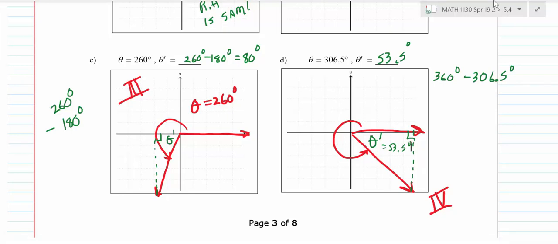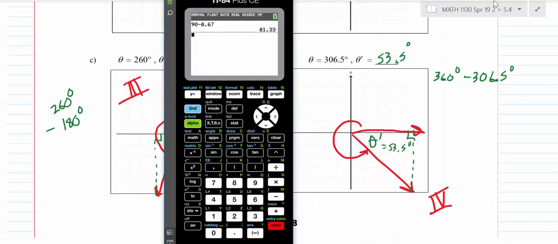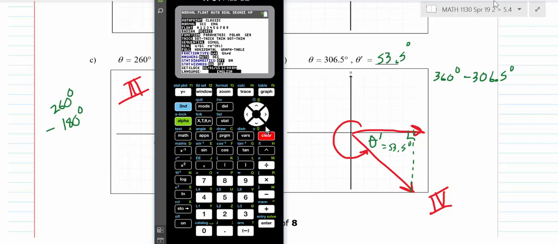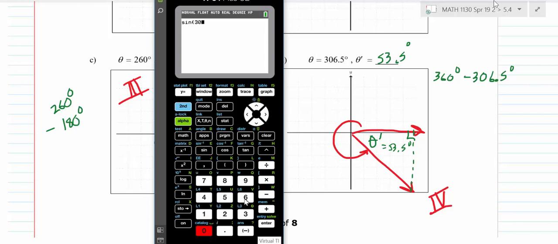Okay, now I'm going to show you something on this, the reason that you learn about reference angles, and you don't have to do this on your calculator, I want you to just pay attention to this. So I just want to make sure I'm in degree mode. So let me just give you an example. So like if I did the sine of 306.5 degrees, I'll get a bunch of decimals on that, okay? And if I also did the sine of 53.5, I won't get quite the same answer because one of them's negative and one's positive.